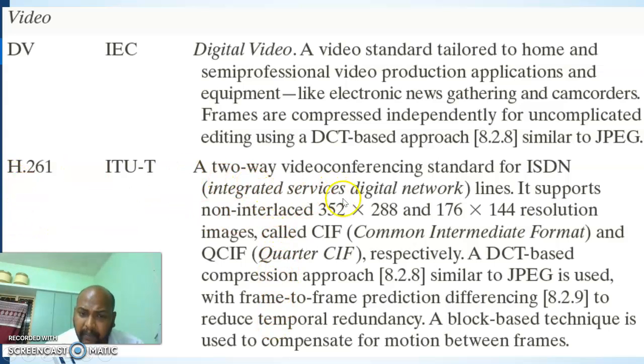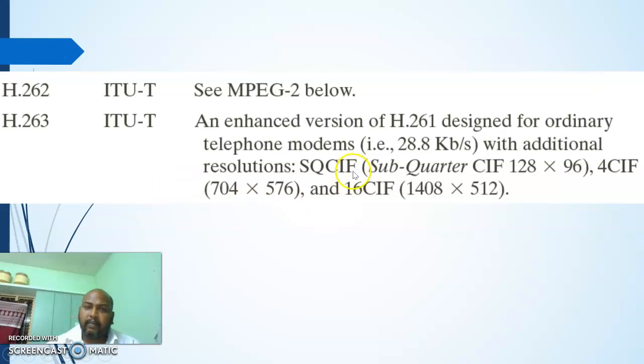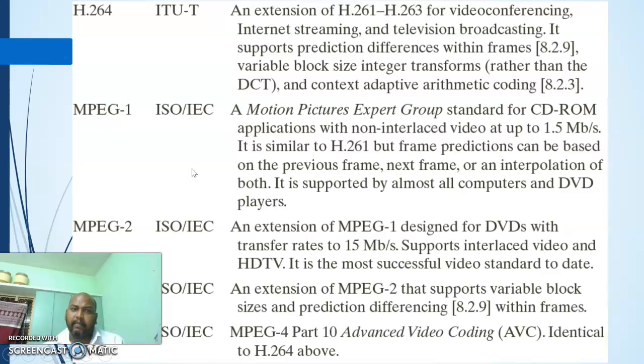H.261 is also DCT based. Enhanced two-way video conferencing was introduced with the help of H.261. H.262 is almost similar to MPEG 2, and H.263 is an enhanced version of H.261, which was developed earlier, improving on the earlier versions.